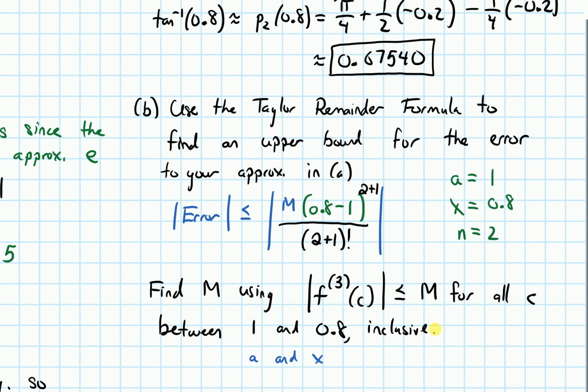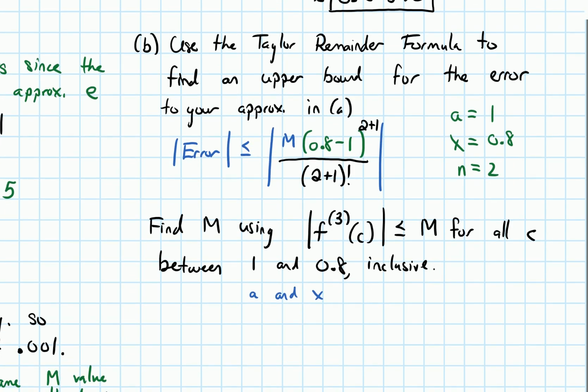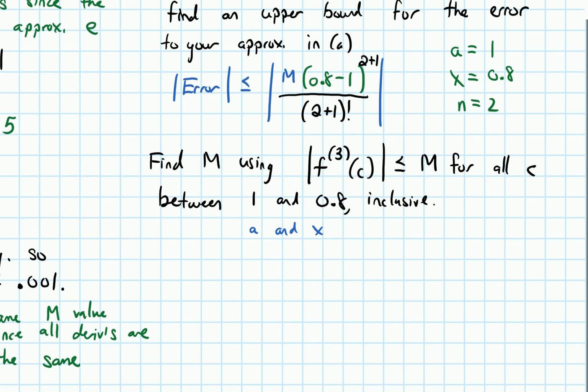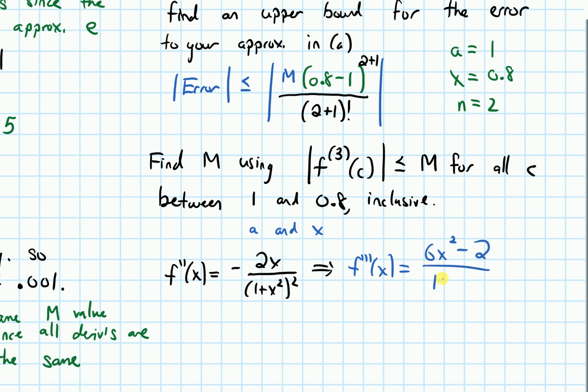All right, so to figure this out, I need my third derivative. So we are going to need to take the derivative one more time. The second derivative, recall from above, was negative 2x over 1 plus x squared, squared. So the third derivative, if we were to work it out, ends up being 6x squared minus 2 over 1 plus x squared to the third power.